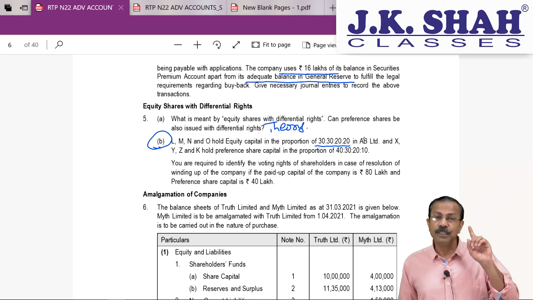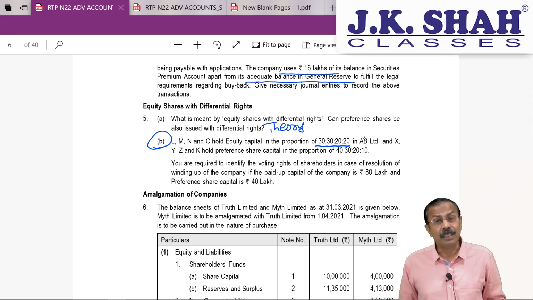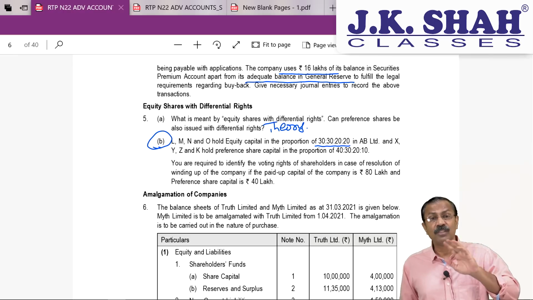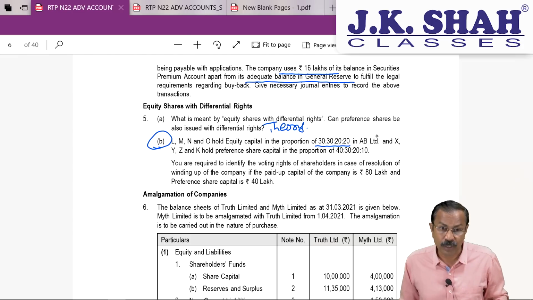So company has issued preference shares also, and these preference shares are also held only by 4 people. Equity and preference, both shares are issued and both the shares are held by 4 different individuals.